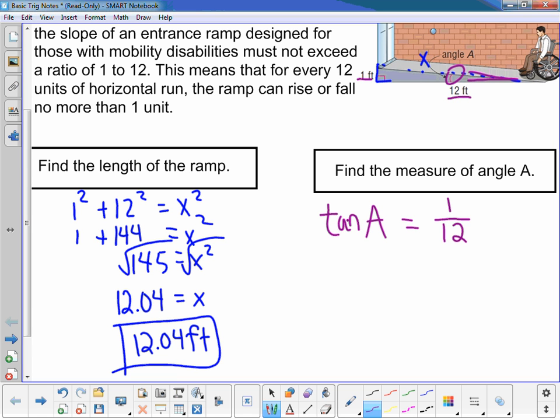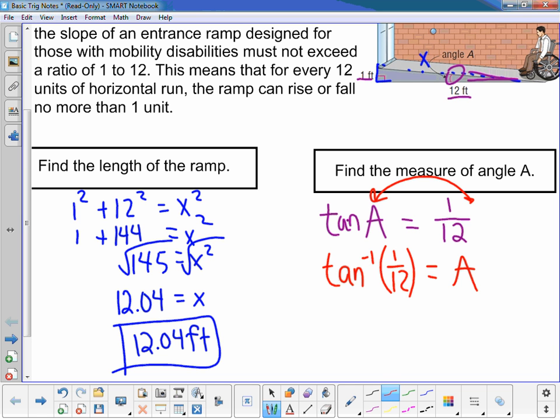Now, I need to get that A by itself. That's what we do when we're solving any equation. We're trying to get the variable alone. So I need the tangent to come over here, and I need the 1/12 to come over to that side. In order to do that, I use the inverse tangent function. So I have the tangent inverse of 1/12 equaling A. You can plug all of these things into your calculator.